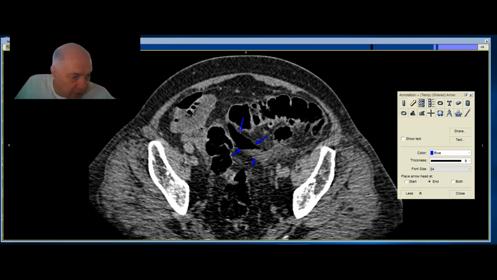You also see a small collection here. So the space here, you can see it's outside the bowel, it doesn't have the normal bowel wall around it, and you have air and fluid. So that's a collection in the pelvis, and that's quite common after a diverticular perforation.